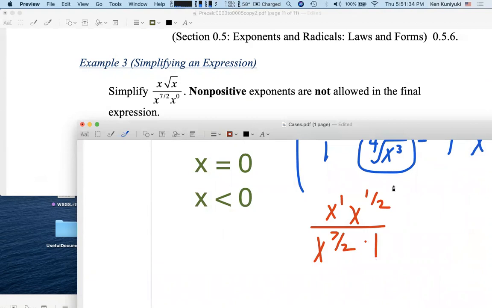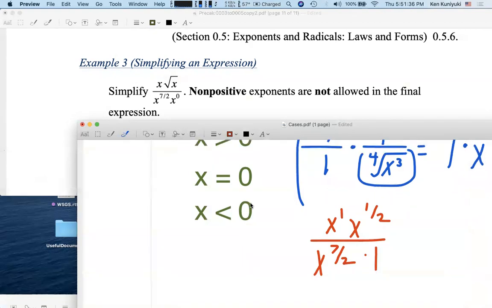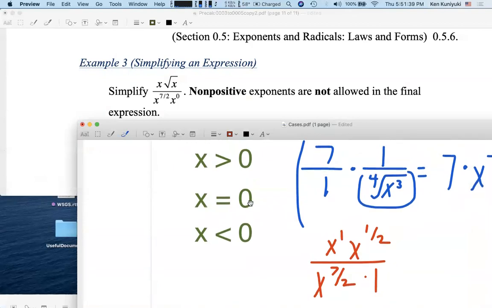And while we're at it, if you look at this original expression, we might want to consider the restrictions. What are the restrictions on x right now? Can x be positive? Looks good. The square root of a positive is fine. Yeah, positive values for x look good right now. What about 0? 0 to the 7/2, for example, the square root of 0 is 0. That's going to be no good.